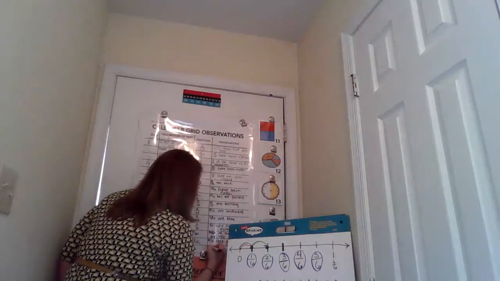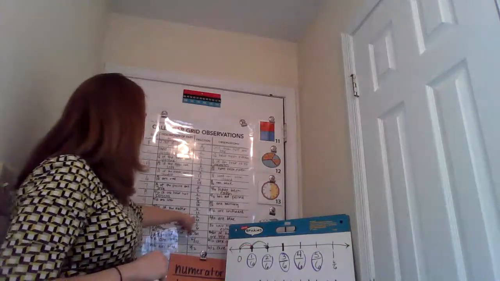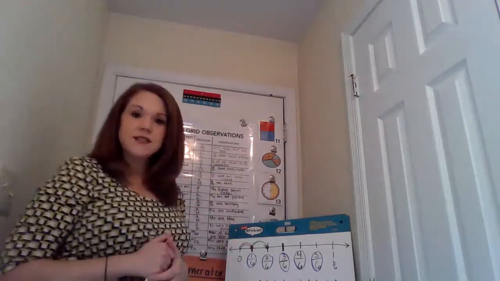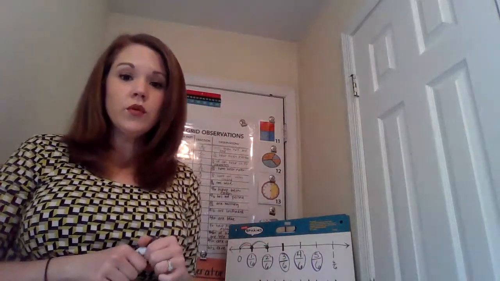All right, so I want you to notice something about all of the pieces today. Every single piece, 6/12 we had, 3/6 on our pizza, 30/60 for the clock, 6/12 for the eggs, and 6/12 for the ruler.